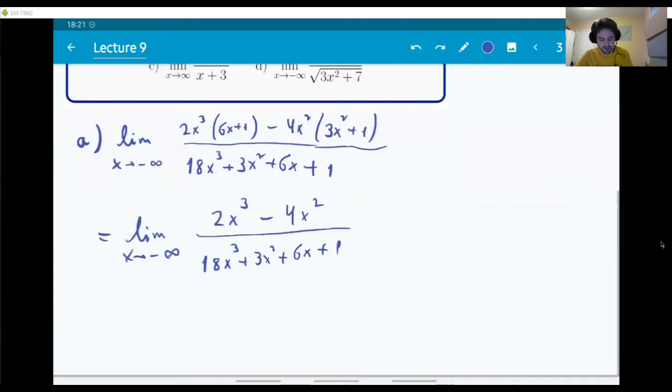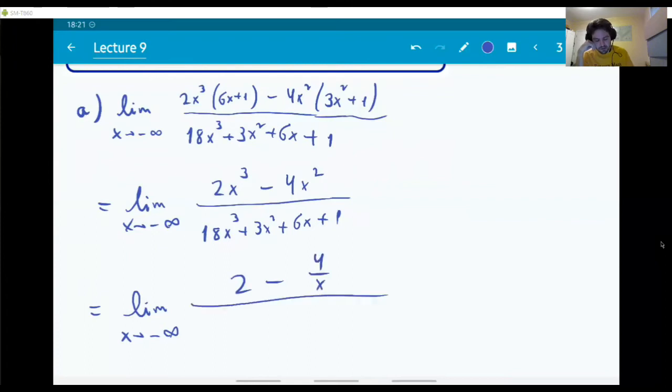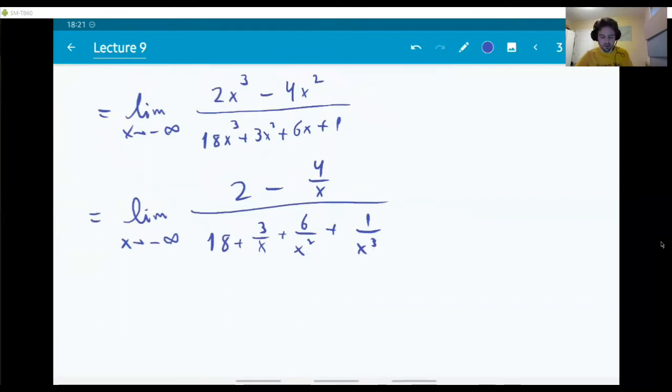So we know what the answer is, right? They're determined by the ratio of these coefficients, 2 and 18. But how do we know that? It's again by dividing both numerator and denominator by the highest degree term of the denominator, which is x cubed. So after you do that, you will see this expression showing up, which is now an expression for which you can plug in x equals negative infinity.